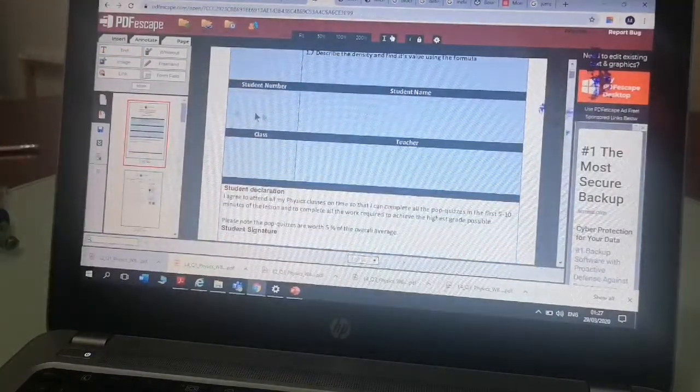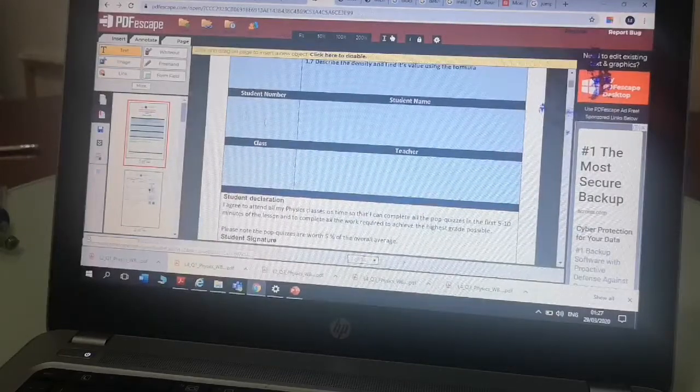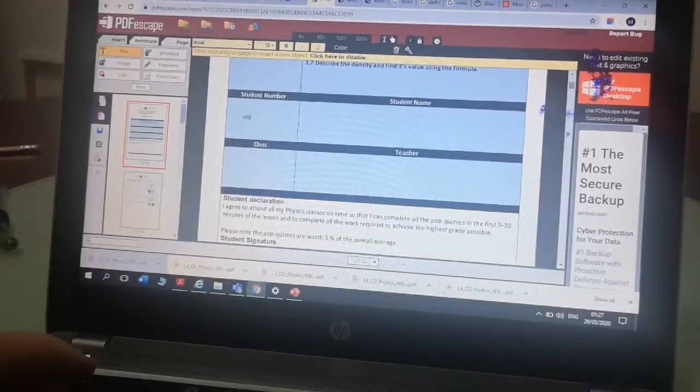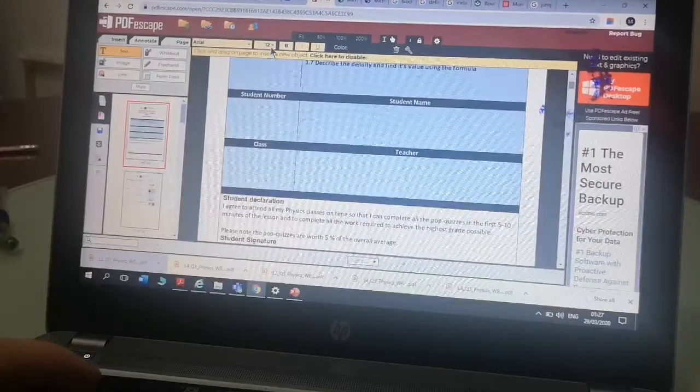So as always, make sure you fill in the top with whatever your A number is. You can change the font size here.